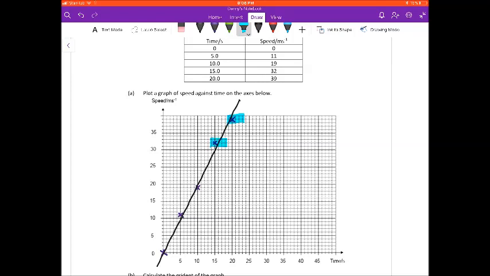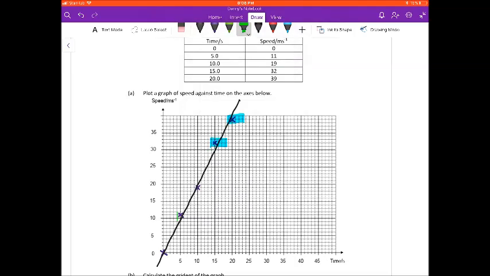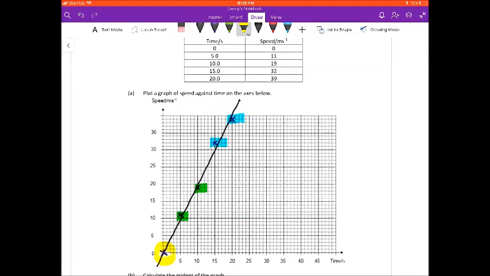As long as the line is in between the points, this is what we call a best fit line. So you can see down here, my line is in between these 2 points, and then my line is in between these 2 points. Okay, and it is just by luck that my last point is on the line. Okay, it is not necessary. This point can be slightly further away, not necessary to cut 0.